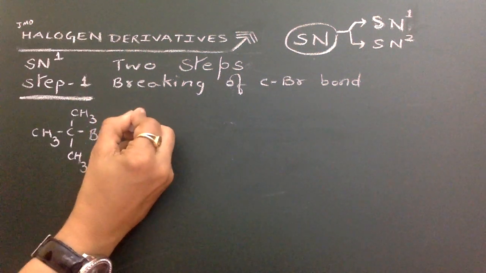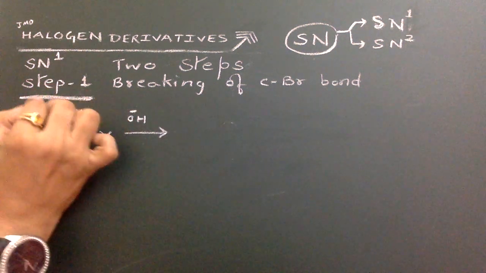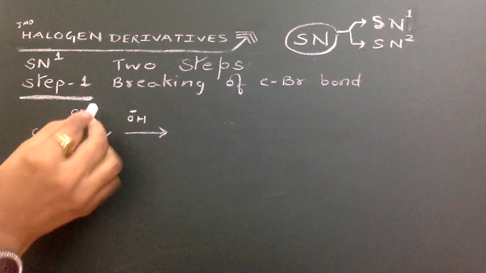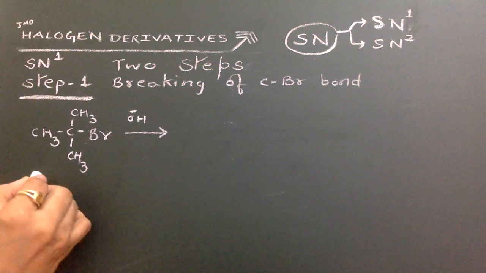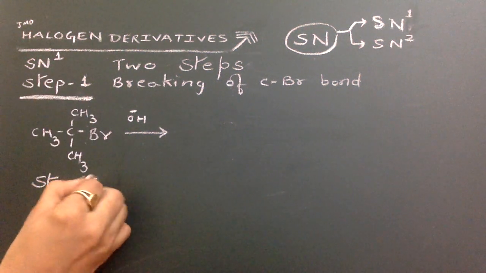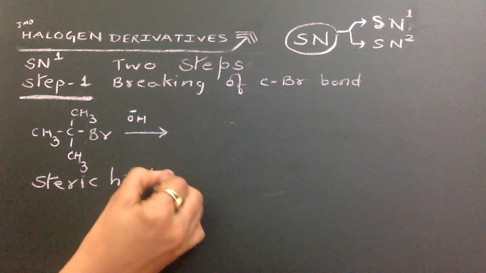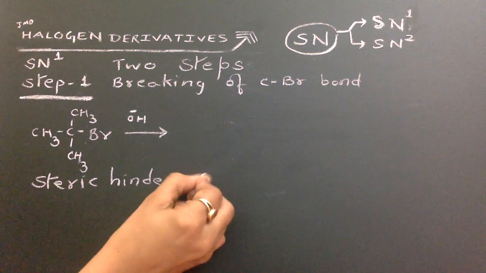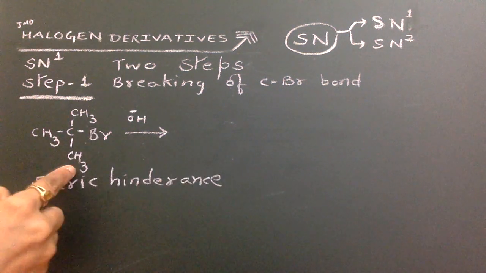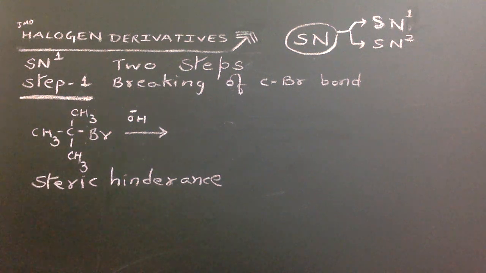Suppose I take a nucleophile and want to approach this molecule, it cannot attack from the back side because tertiary butyl is a bulky group, and a bulky group causes steric hindrance, that is, it doesn't allow the reagent to attack due to overcrowding of the 3 methyl groups.